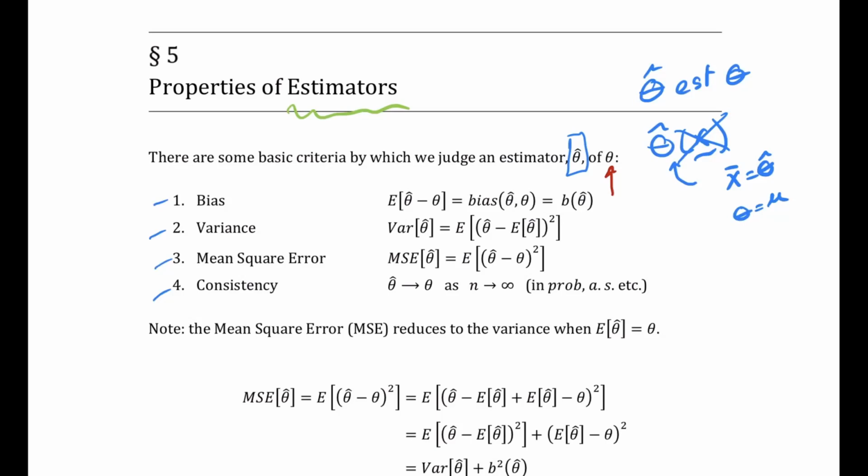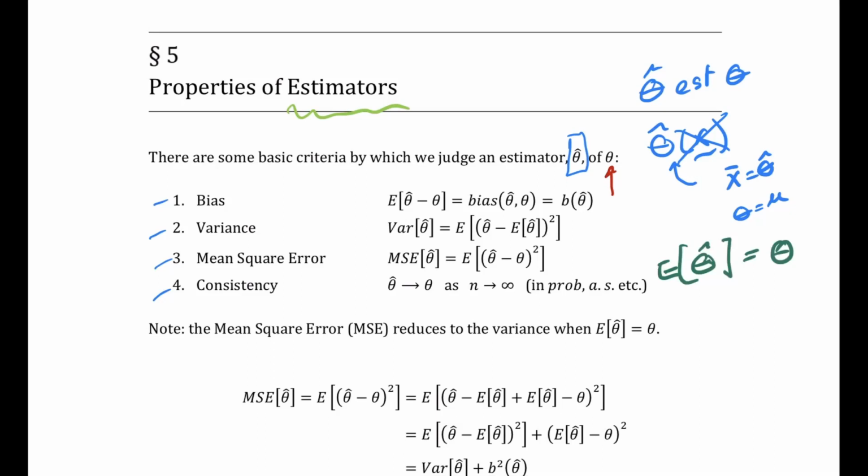Bias has a very specific term. Bias is whether or not your estimator is equal to the true thing on average. And this is important because we're talking about average properties. So is your estimator on average equal to the thing that it's supposed to be estimating?